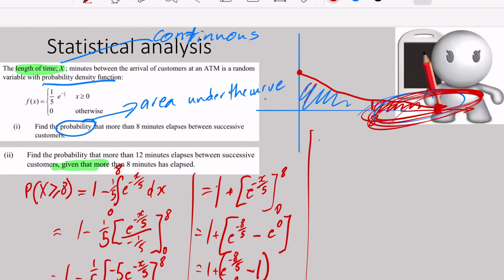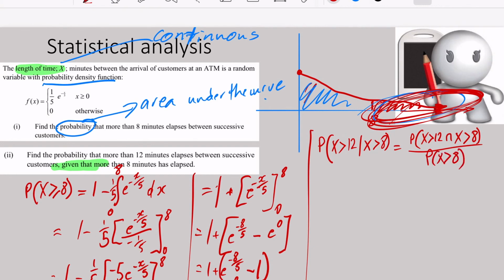So when we write our statement, the probability that x is greater than 12, given that x is greater than 8, is going to be the probability that x is greater than 12 intersected with x greater than 8, over the probability that x is greater than 8.